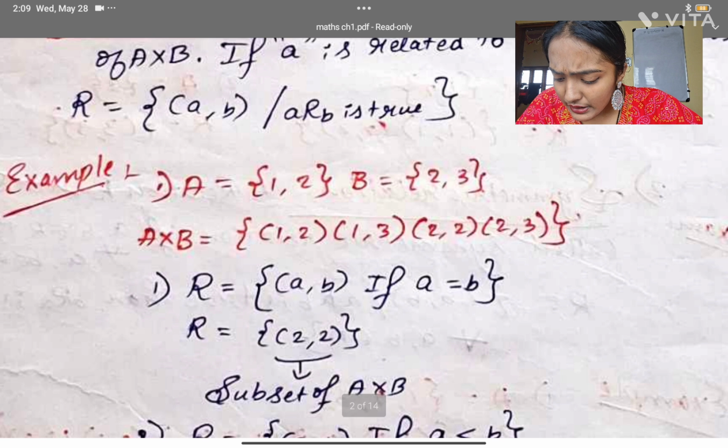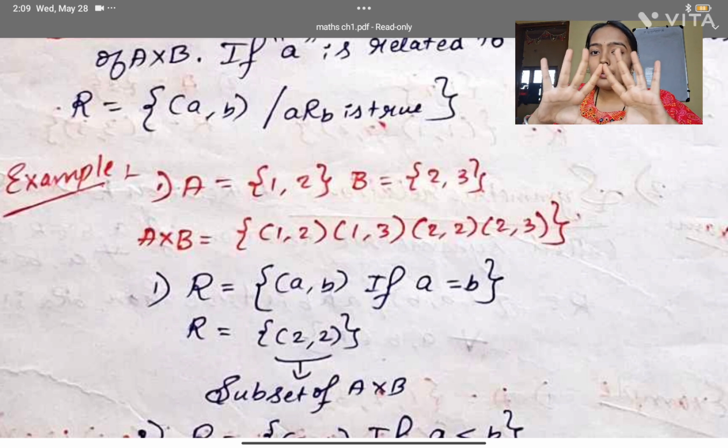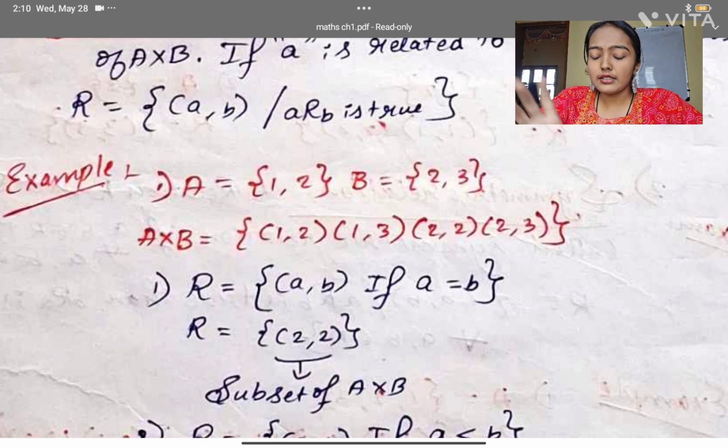Okay, if A is equal to B, let's see, like we are putting on a big mela. If people have specifications, like they want only this product, they specifically point out this only.